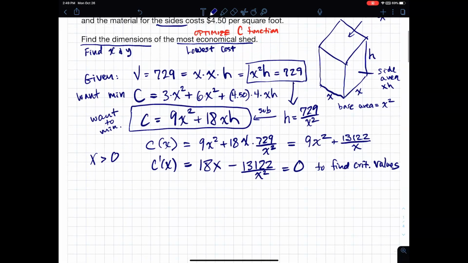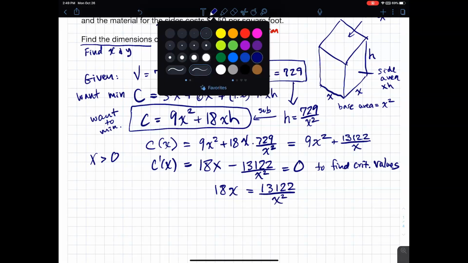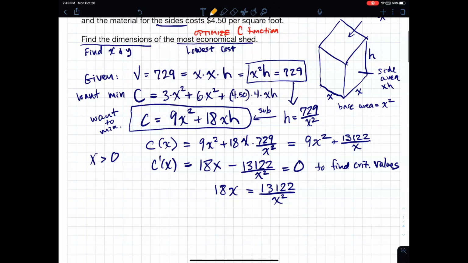So if I set this to 0, I can add that ugly fraction to both sides. And I get 18x is equal to 13,122 divided by x squared. So color coordinate here a little bit. I'm going to clear fractions by multiplying both sides by x squared.